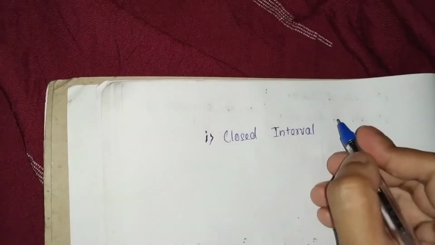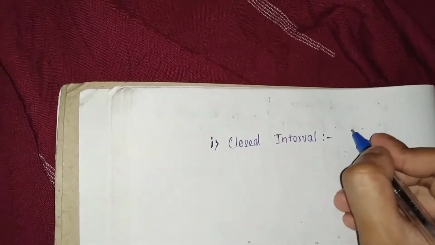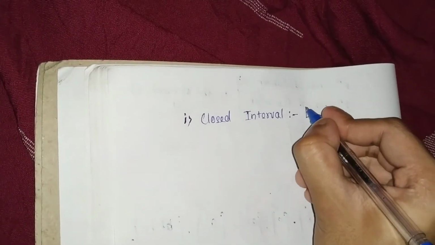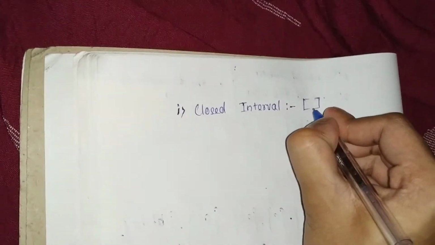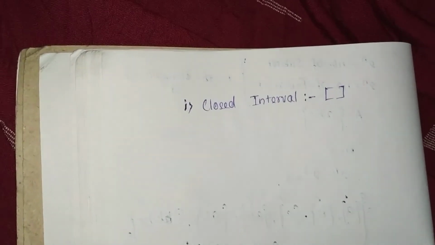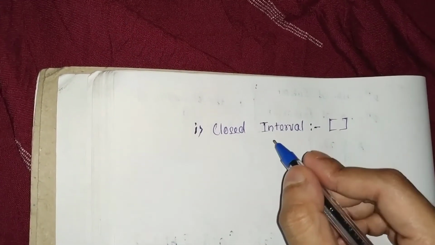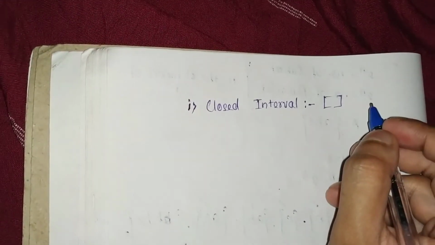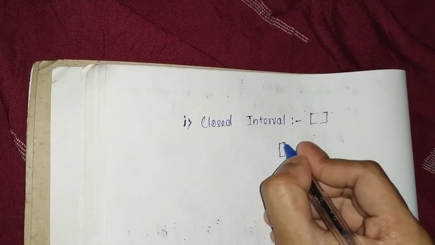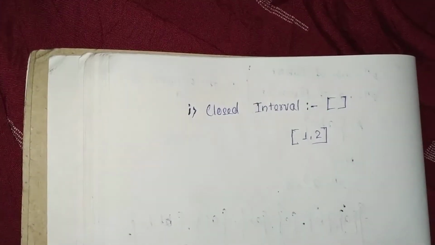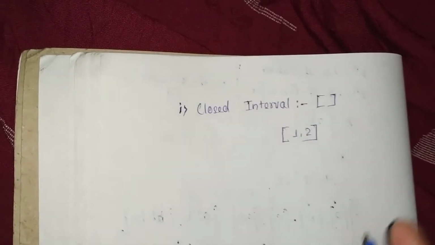Its notation is third bracket. Take an example [1, 2].